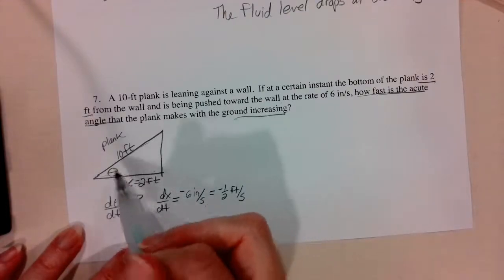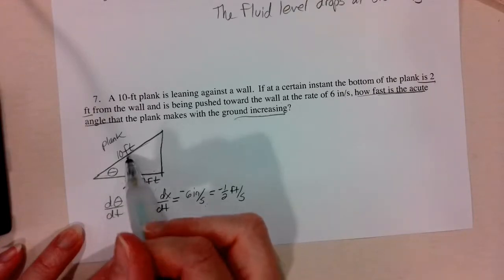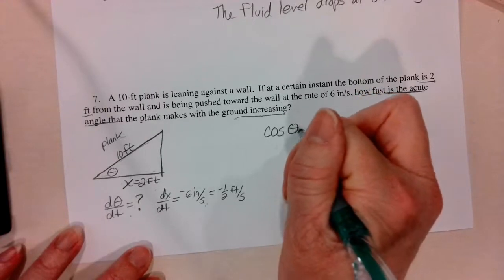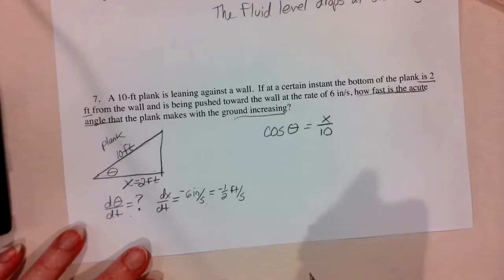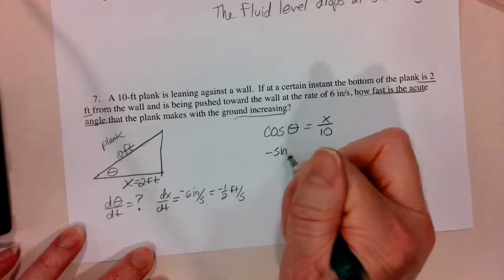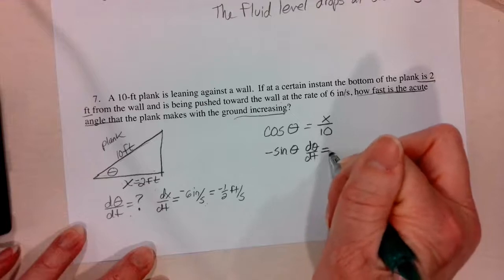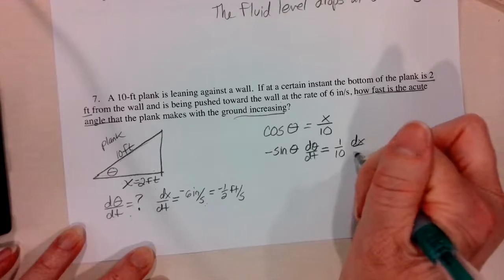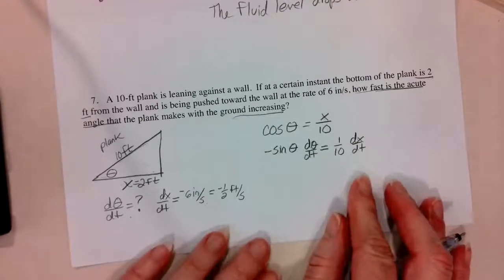I go back and say, what's the connection between the angle with the adjacent side and the hypotenuse? Hopefully everybody's thinking cosine of theta is equal to x over 10. Then derivative, negative sine theta dθ/dt is equal to 1/10 dx/dt, because x over 10 is like 1/10 times x.